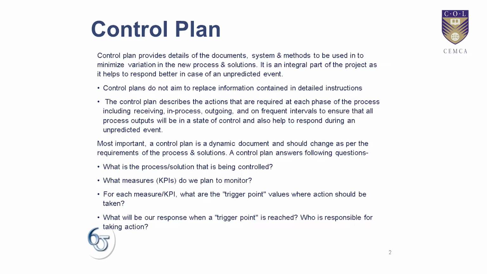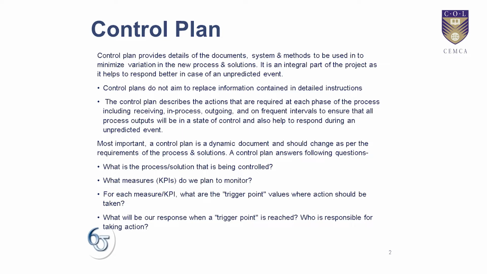That's not the intent. It further says that, in a grand sense, the control plan describes the actions required at each phase of the process, including receiving, in-process, outgoing and periodic requirements, to assure that all process outputs will be in a state of control. This is a very important line.